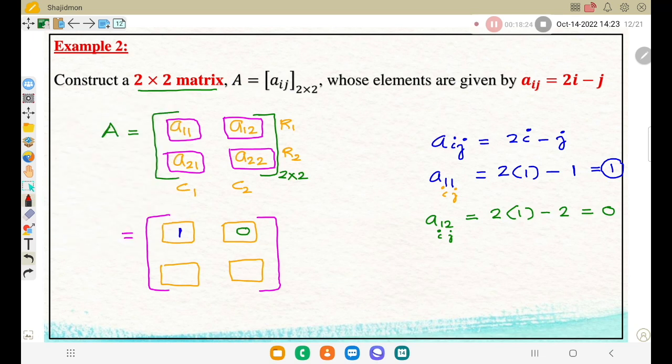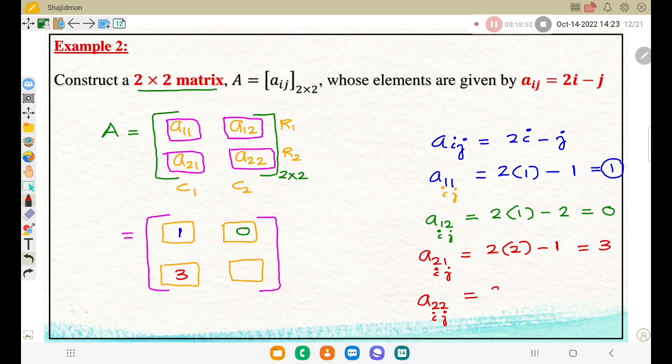Now the third number, A21. A21 means i is 2, j is 1. So 2 times i, which is 2, minus j, which is 1. So 4 minus 1, that is 3. So we can write here the number 3. Now A22: i is 2 and j is also 2.